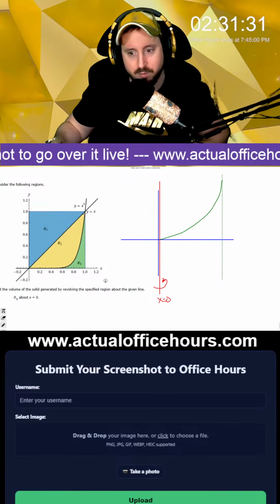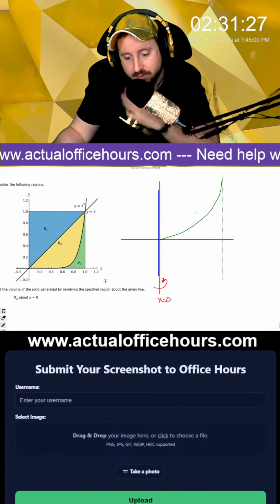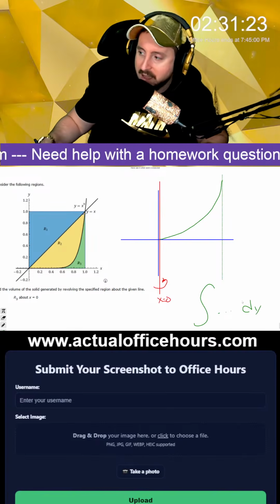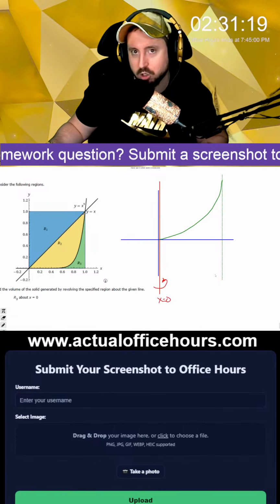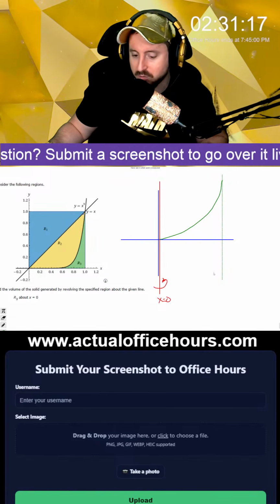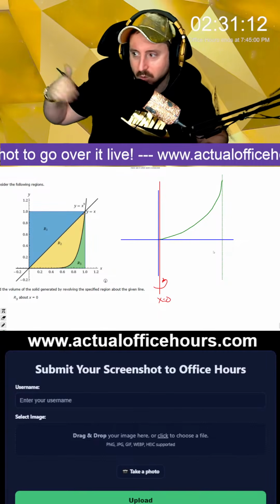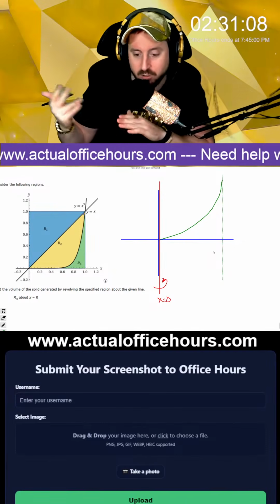Because we're revolving around something vertical, we're going to have to use dy for our integral, and that can sometimes get messy. If you do it in terms of shells, then you can do it in terms of dx. Sometimes the integral is nicer whether you do it in terms of dx or dy. It's just a change of variable.